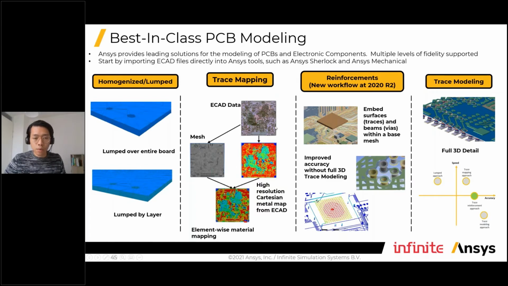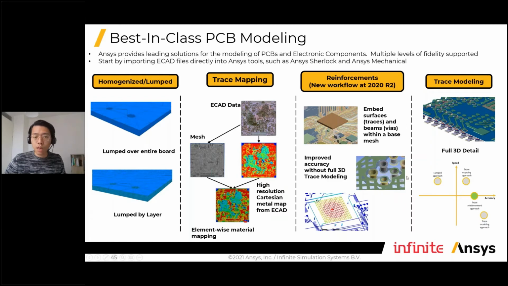This is why trace mapping becomes very important, to be able to get accurate results. Now, with trace mapping, you will notice that it does not change the mesh. It does not introduce a new structure. What it really does is change your material properties at the local location of your elements. As you can imagine, you then lose the interaction between the traces and the boards.